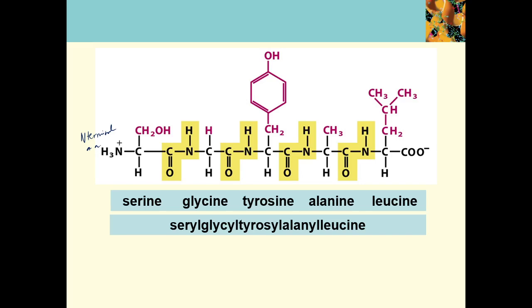So you change the INE of the amino acid to its YL name, especially if it's not the C-terminal amino acid. Now, there's also another way of naming your pentapeptide shown here.